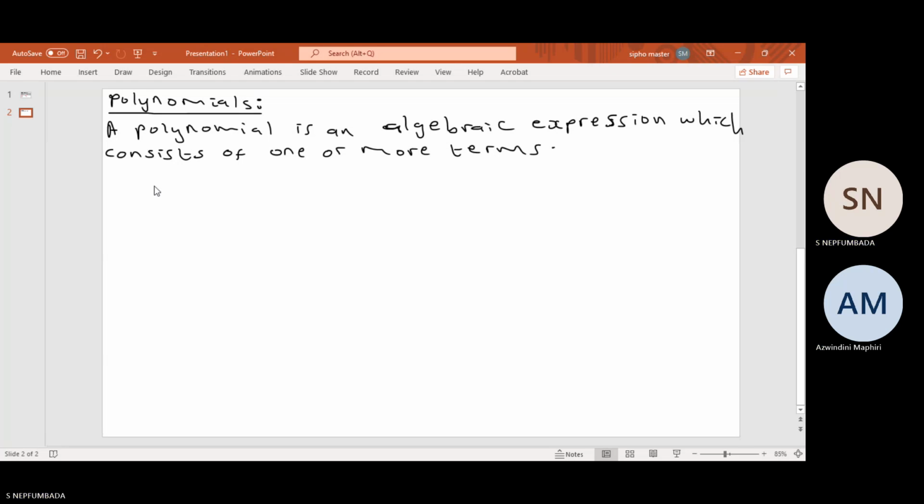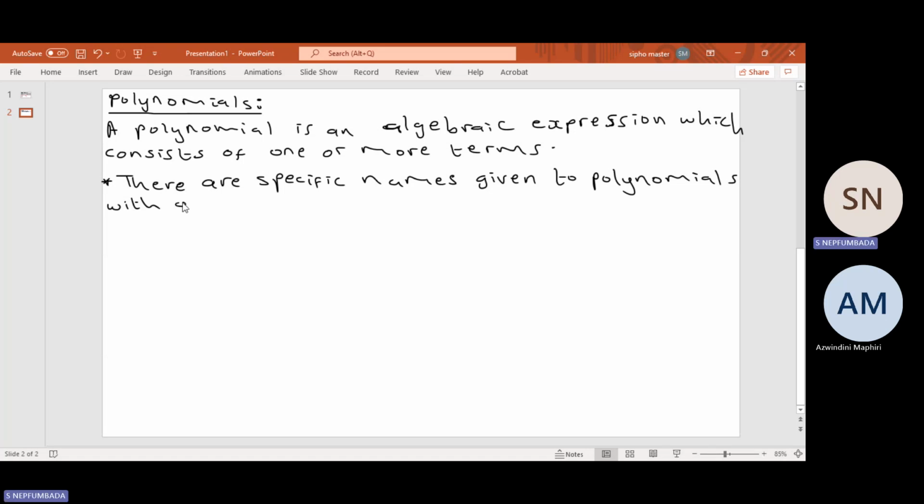And there are specific names given to polynomials with 1, 2, and 3 terms.